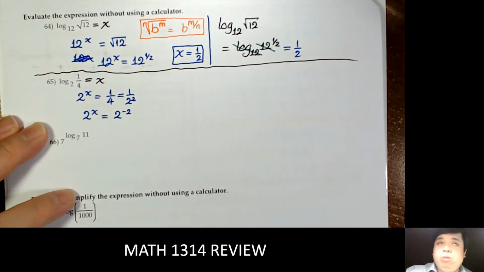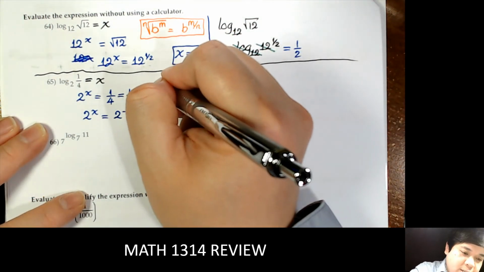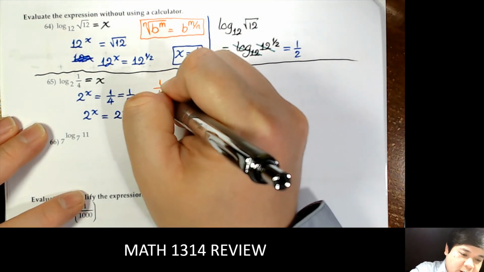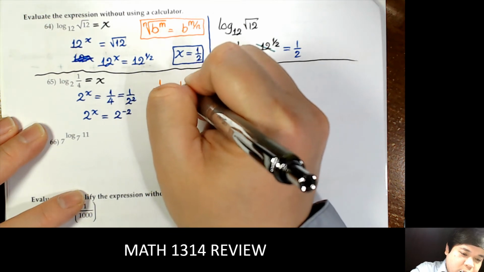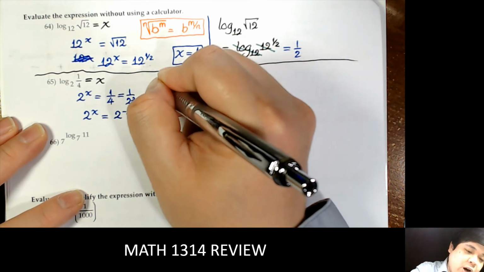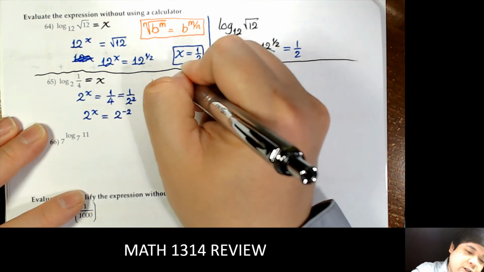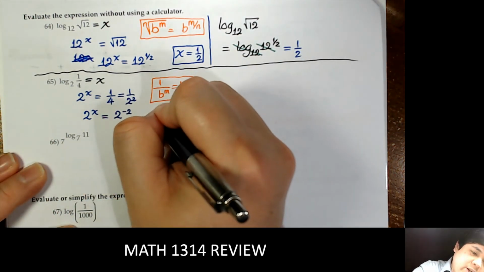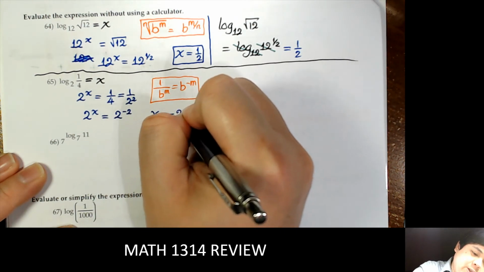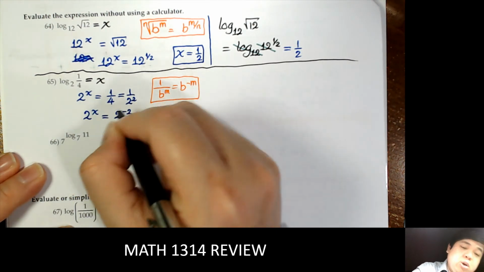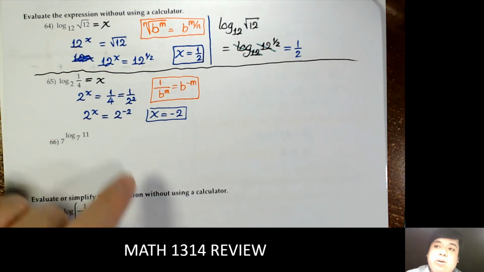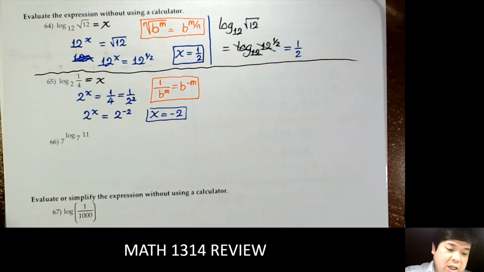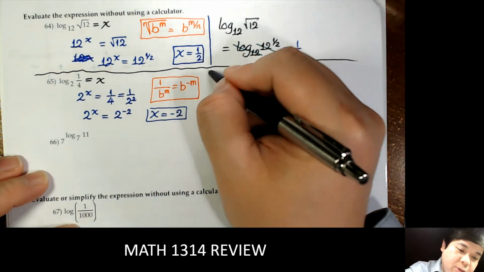Let me write the formula here: 1/b^m is equal to b^(-m). So cross the line, change the sign. So from here we have x equal to negative 2. Because the two things are equal and the bases are equal, the exponents must be equal. Right, so that's one way to do it.